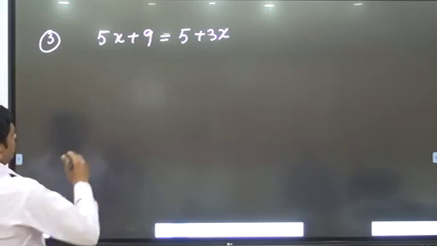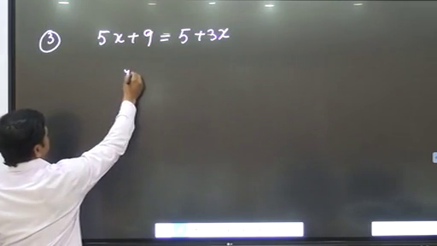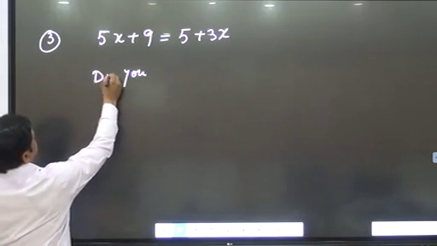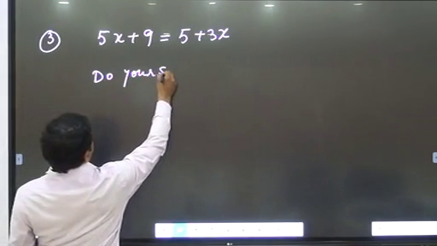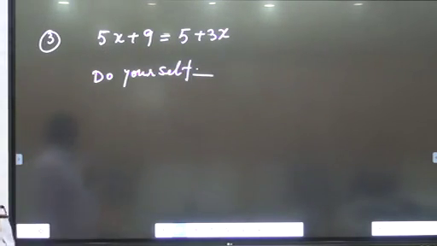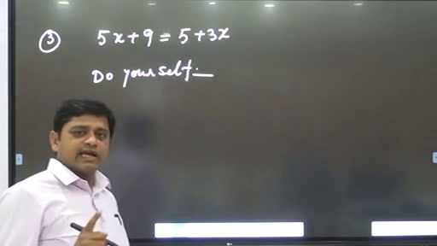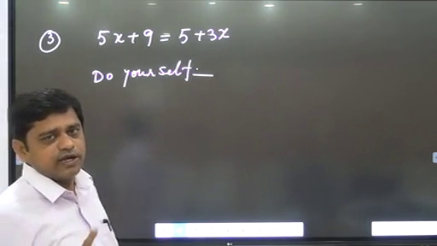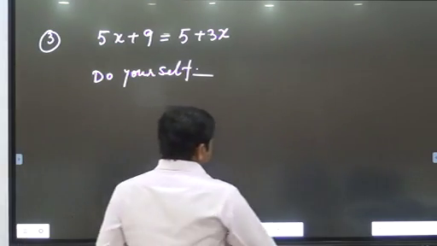So I hope you will solve it yourself using two steps: first find the value of x, and second, don't forget to check whether the answer is correct or not. Okay? So now the next one, question number 4.